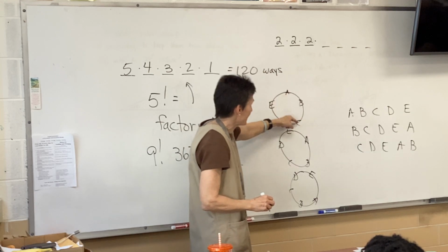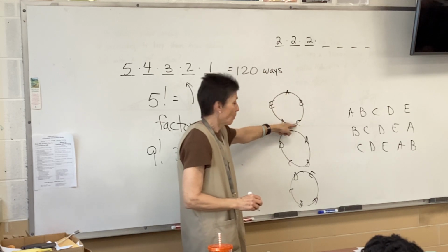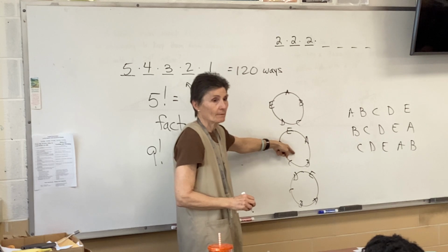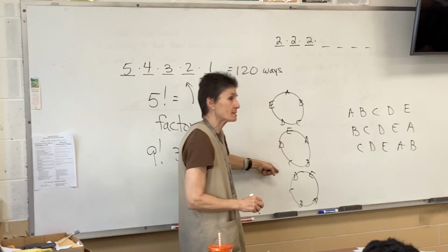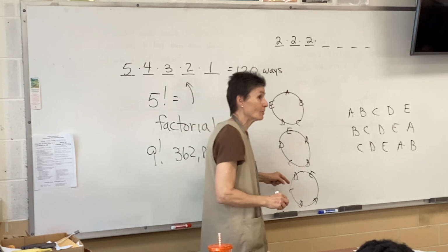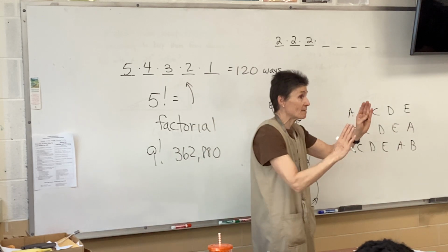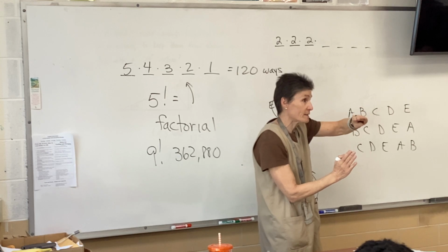Isn't B sitting between A and C? Where's B sitting here? Are these different arrangements? Not when you put them in a circle, because circles have the ability to rotate.